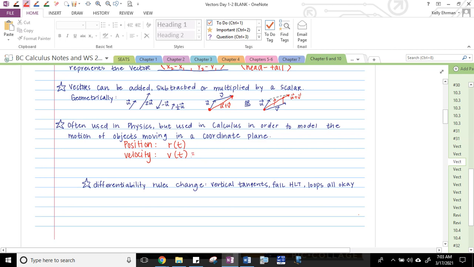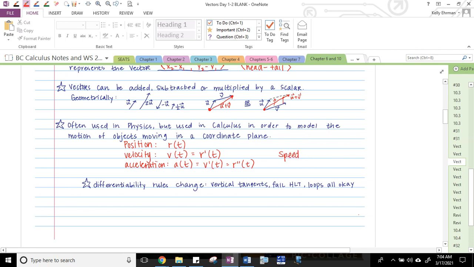And remember, the velocity vector or the velocity equation is going to be the derivative of the position. And we'll also be looking at acceleration, which is still a of t. Remember, that's the derivative of the velocity. It's also the second derivative of the position. There is one extra thing to put in here, speed. You'll often be asked to find the velocity and the speed.